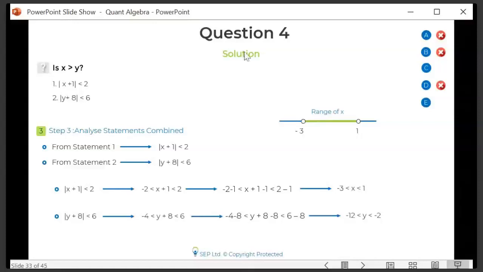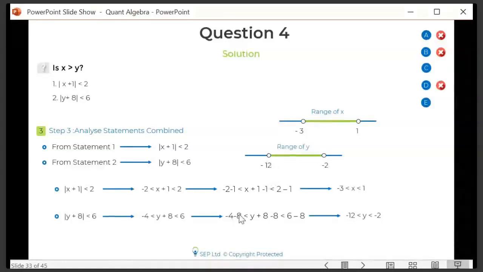Let me correct this very quickly. This would be -6 here, guys. This would be -14, just to be very clear. There's a mistake here. This would be -6 to -8. And if you take -6 to -8, you'll get -14 here.